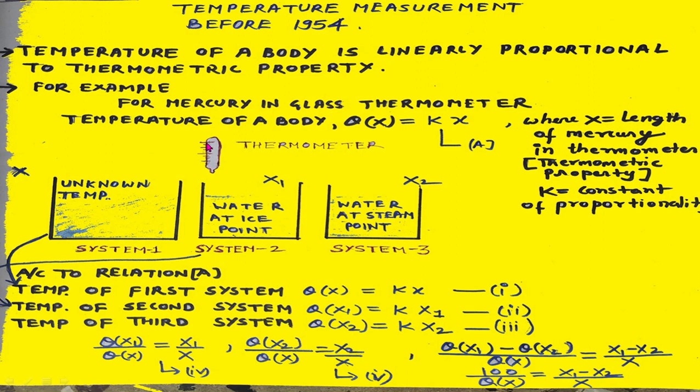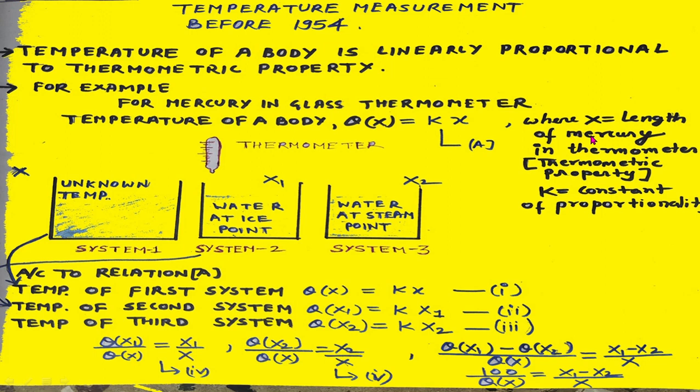And as the temperature decreases, the level of mercury falls. We all know this thing. So here the rise or fall in the length of mercury column inside the thermometer is a thermometric property.